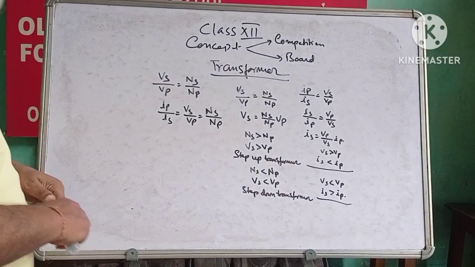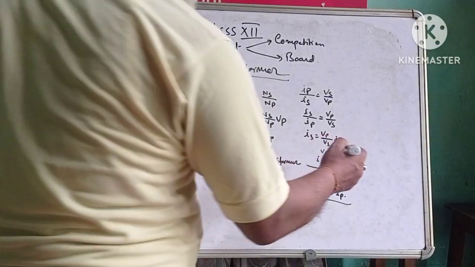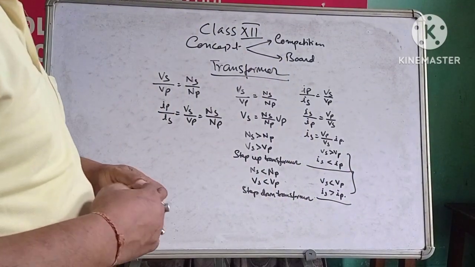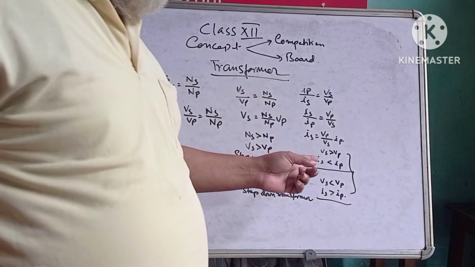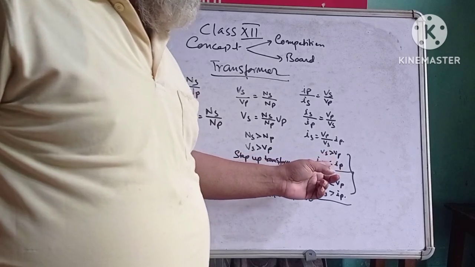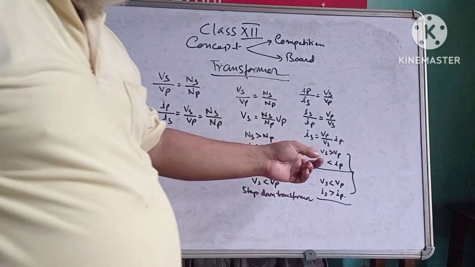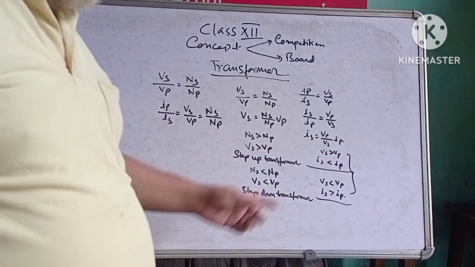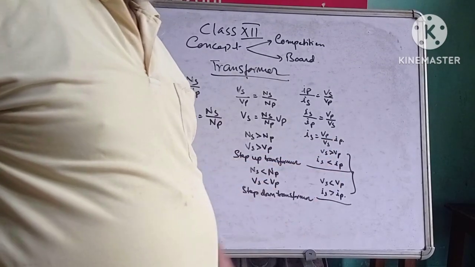Such things can happen. Remember, a confusion may arise in you. Vs is greater than Vp, so how is Is less than Ip?